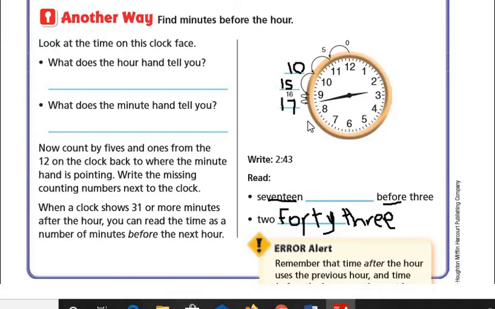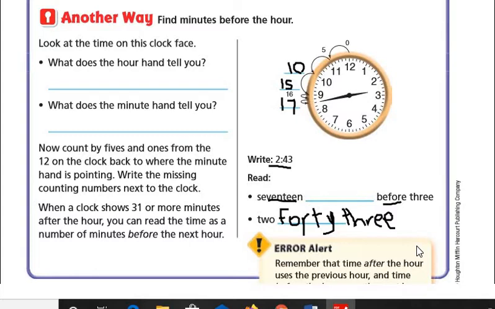So we have 40 minutes at 8 and 45 minutes at 9. But it's between them. Let's count after 40: 41, 42, 43. So it's 2:43 as shown here. So we can say 43 minutes after 2.